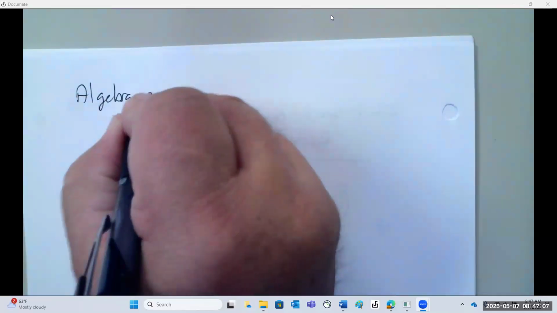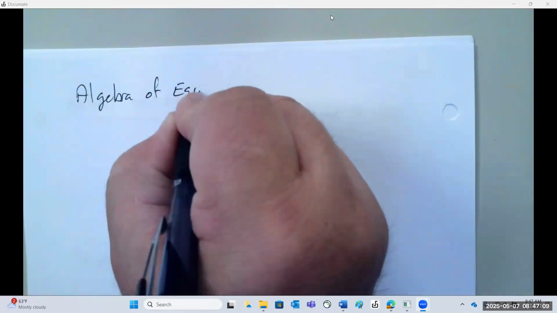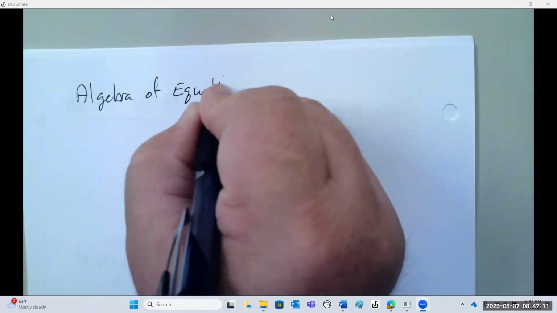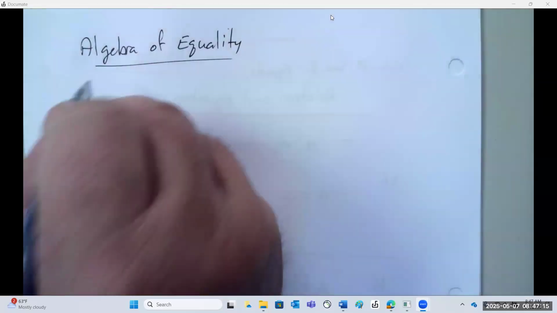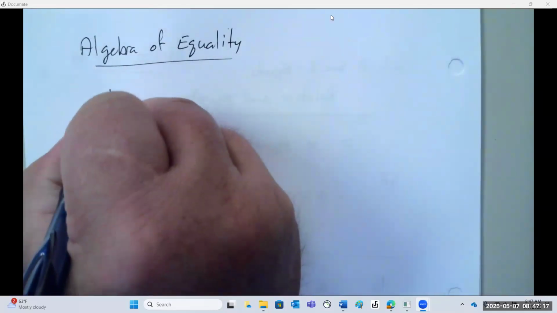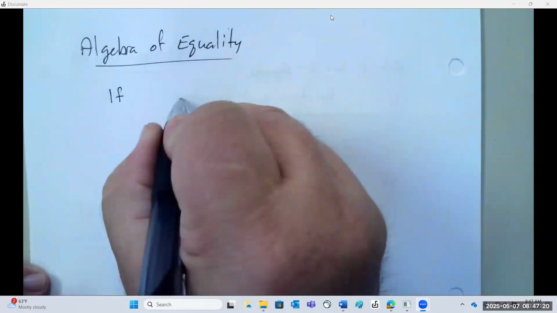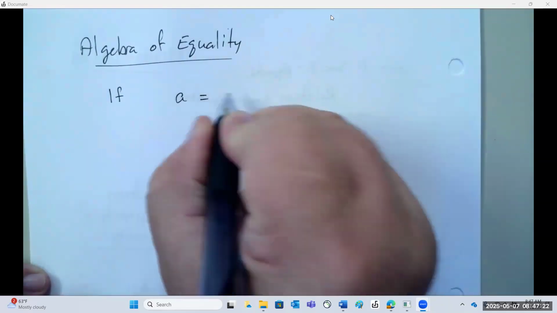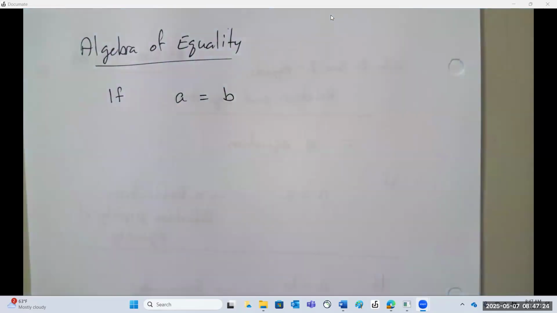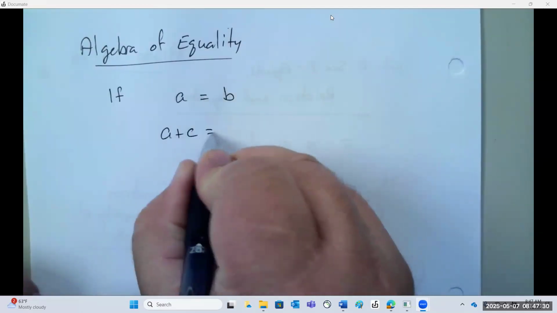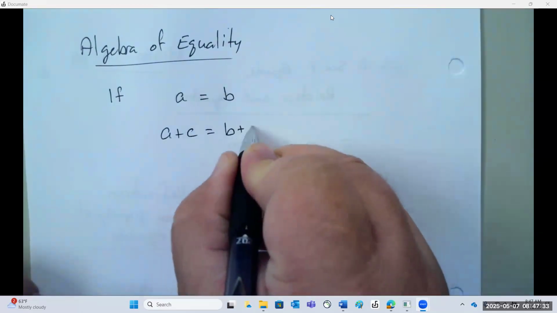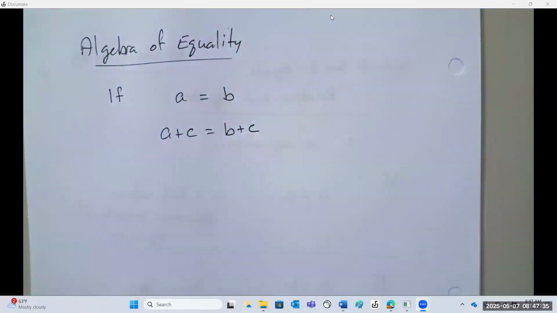Now, the algebra of equality. If A equals B, and if I add the same number C to both sides, are they still equal?